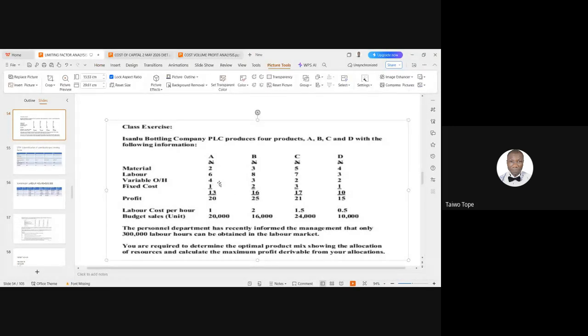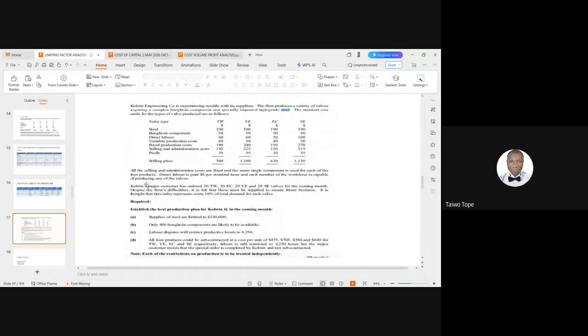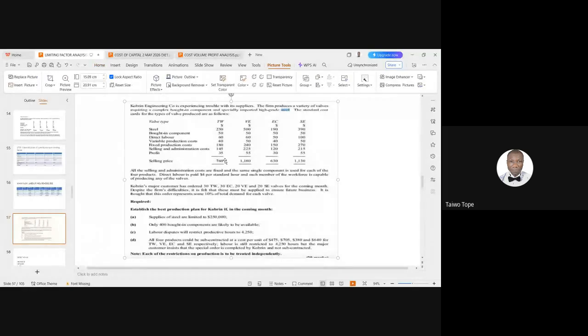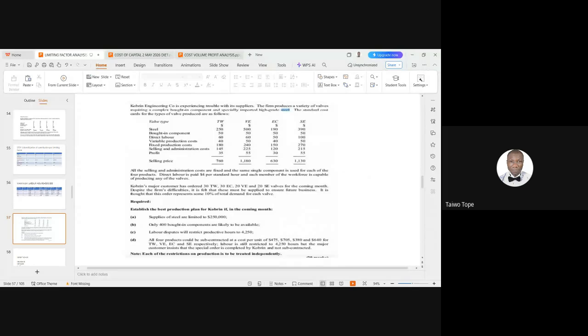So I want you to solve this question as an assignment, and let me see the feedback. Then in our next class, which is on Saturday, we're going to solve this question. Then after solving it, I'll refer you to the past questions and some other questions. At that time, you should be able to solve them without any fear.